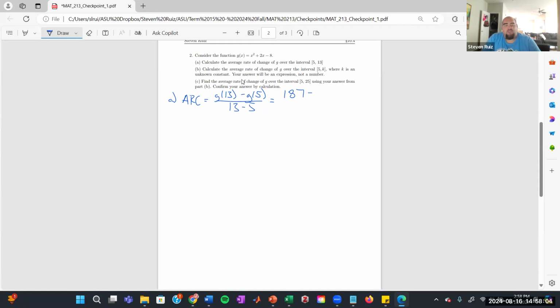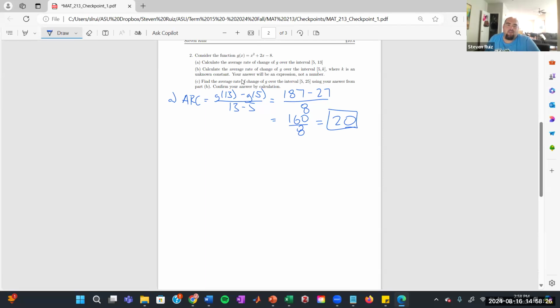Plus 2 times 5 is just 10. So 35 minus 8, that is 27, all over 8. So I get 160 divided by 8, which gives me an average rate of change of 20.